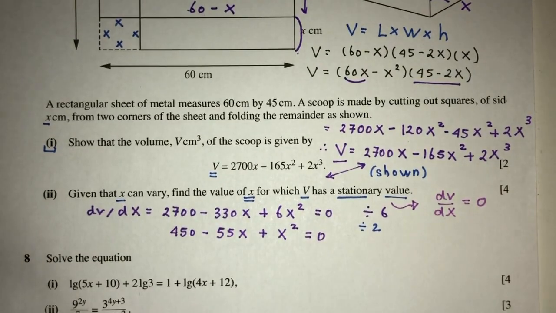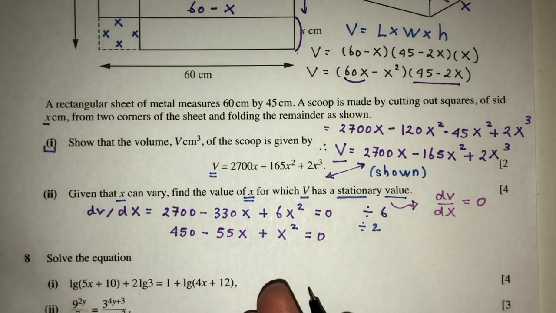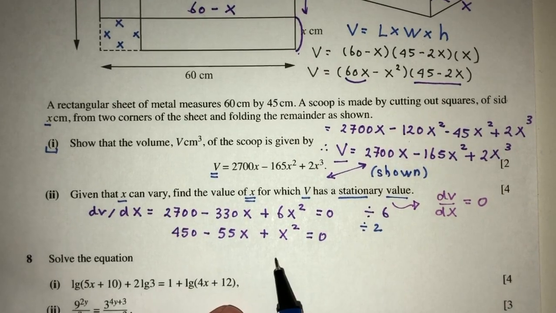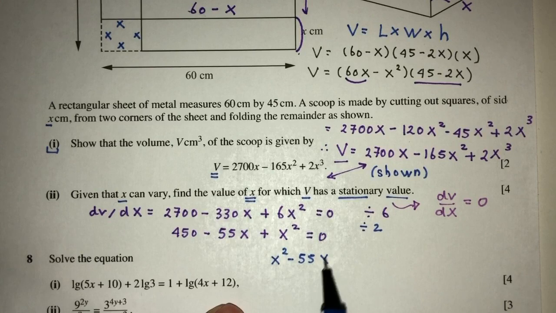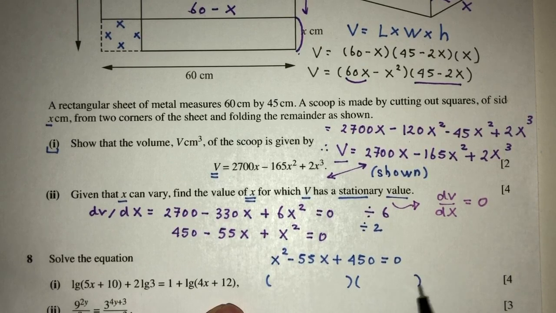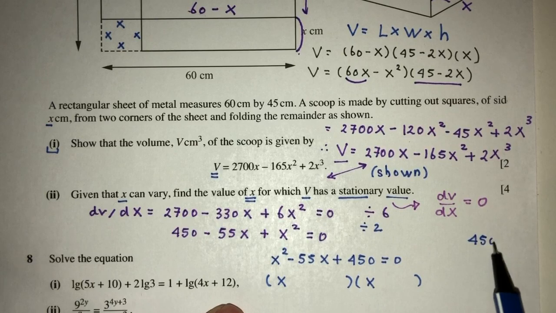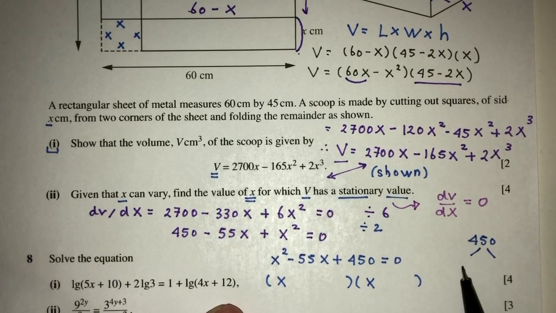Okay, so now let's solve this. As you can see, this is a simple quadratic equation. Let's rearrange this: x squared minus 55x plus 450 is equal to 0. x squared will be two brackets, x times x. 450 can be 45 times 10.